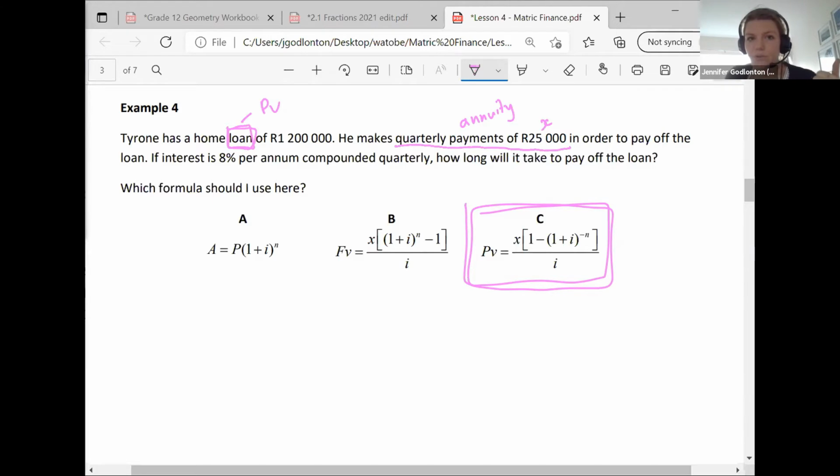So you've already chosen your formula, which was a great start. Write your grocery list with all of your information, put it into your formula, reduce it, and let's find N. And this one I'm going to go over with you quite slowly.